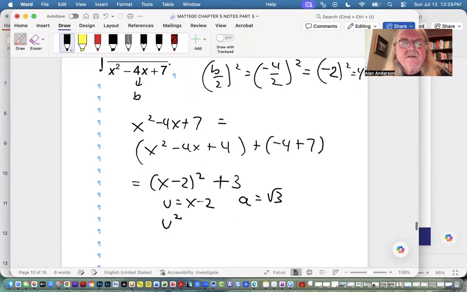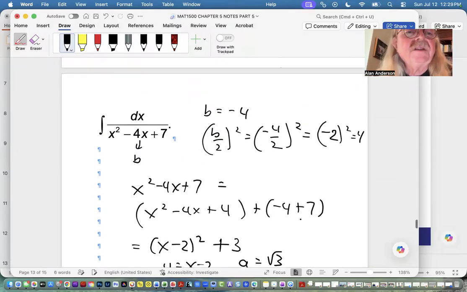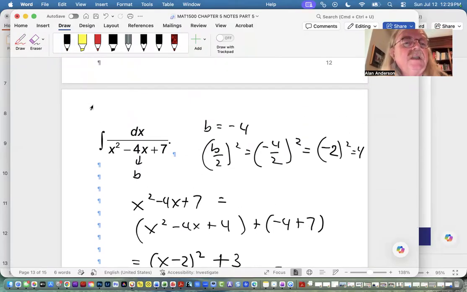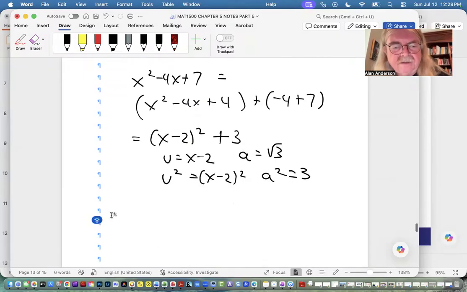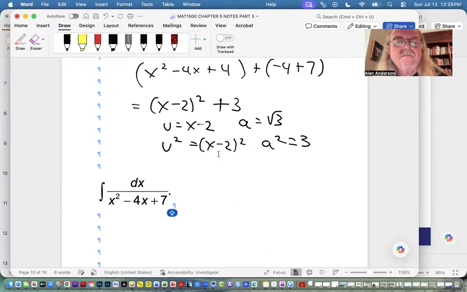So that u squared is, of course, x minus 2 squared, and a squared is 3. And therefore, this expression here, the original problem, can be rewritten as, oh, and by the way, this implies that du is just dx.